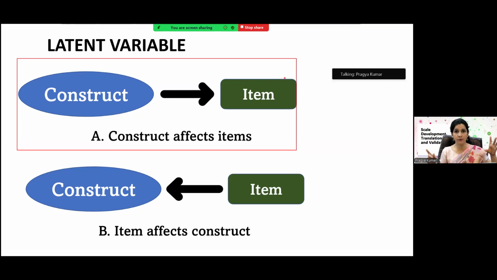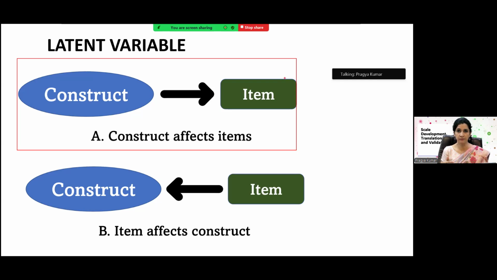So this type of scale or measurement model is known as the reflective type of model, meaning the item is a reflection of whatever is happening inside. The second type of model is the formative model, where you club all those items together and the items affect the construct.